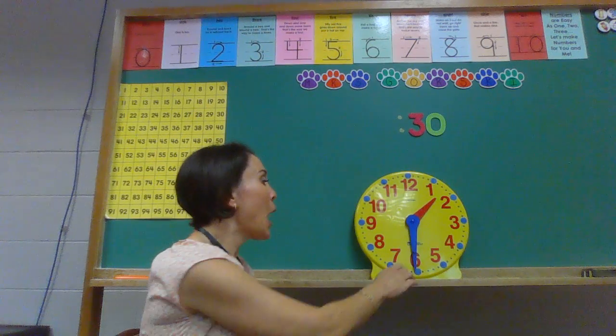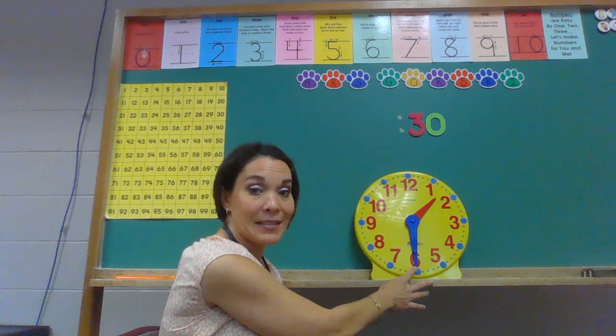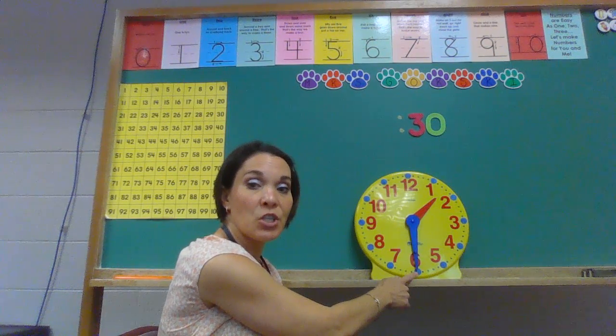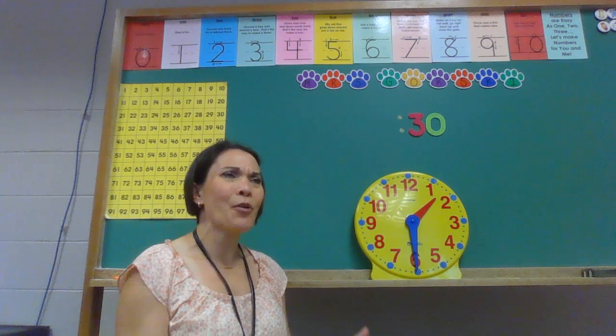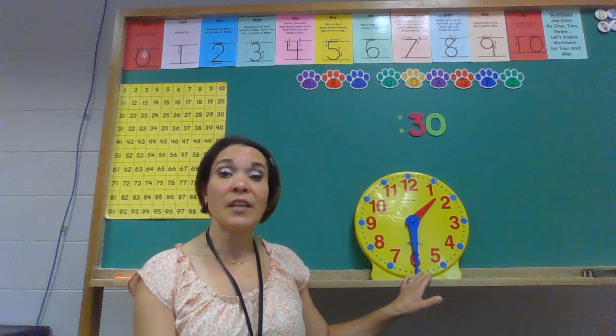So that means my minute hand is no longer on the 12. It is going to be in a different place. It's going to be pointed to the 6. Now you're probably thinking, how do you know the 6 is worth 30? Well, when you look at an analog clock, these red numbers can mean two things.